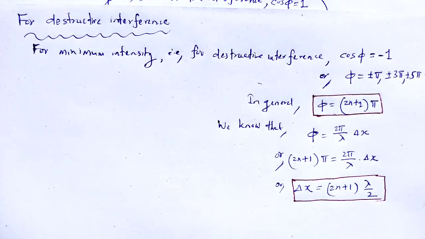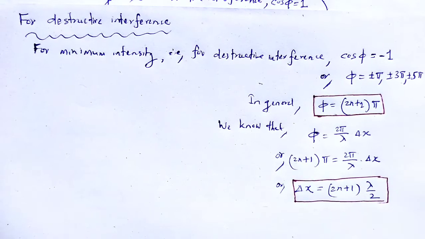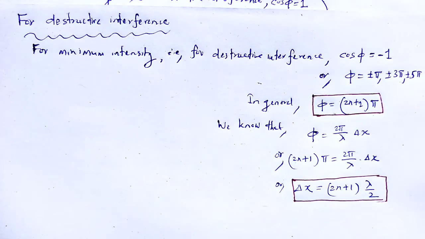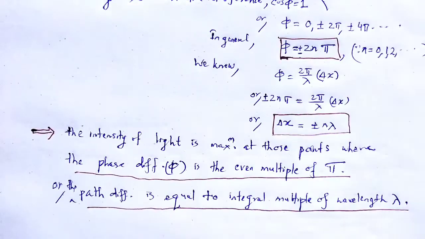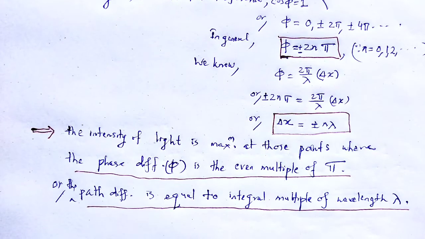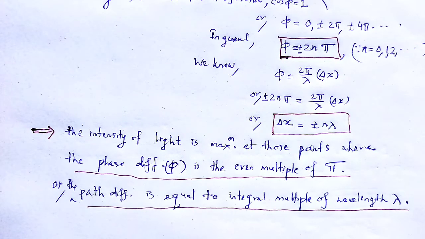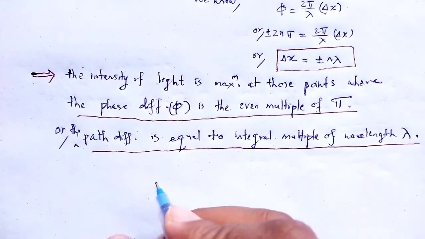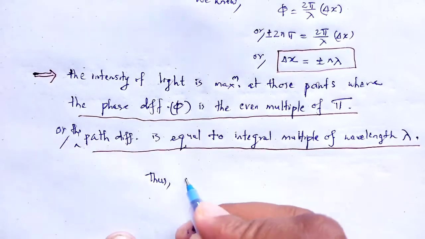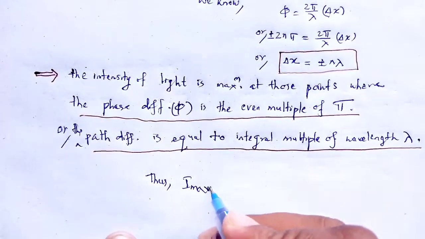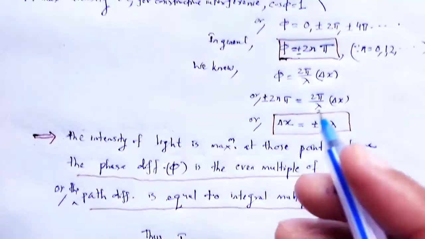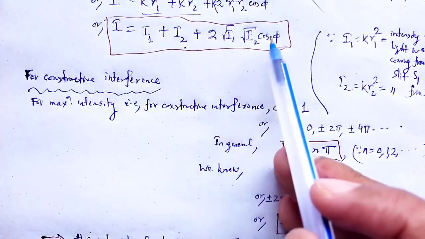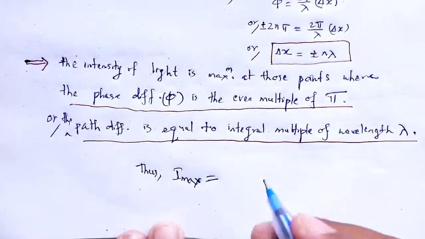Look here, what happened in case of the minimum condition. Here, in case of the maximum condition, thus for maximum, I max, that is I1 plus I2 plus 2 root I1 root I2 cos φ with cos φ equal to 1.